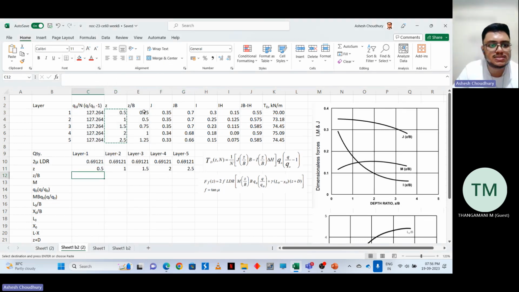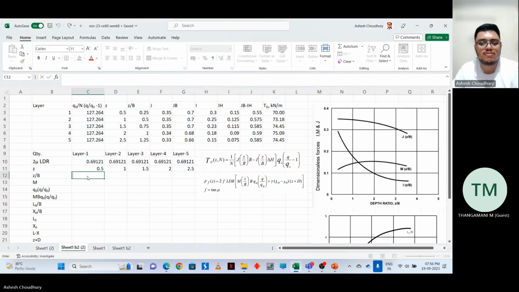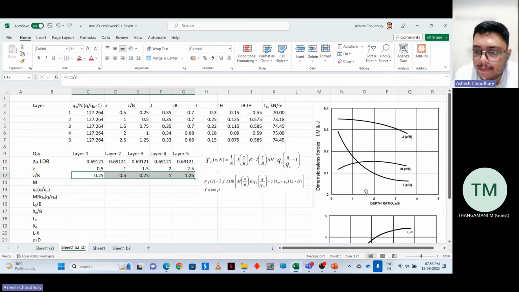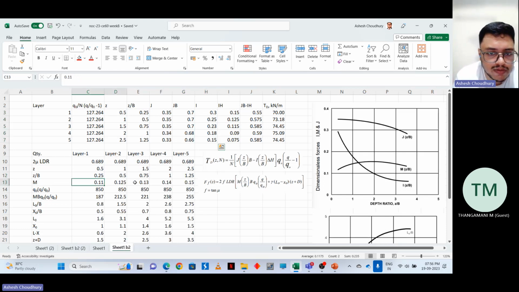Z by B's, same. Z by 2 plus B you are taking 2. Now M again we have to get for all these Z by B's. So say for 0.25, it's approximately 0.11 or something.